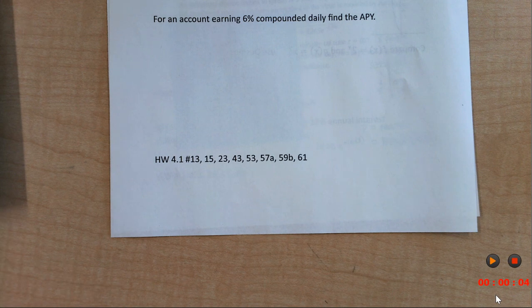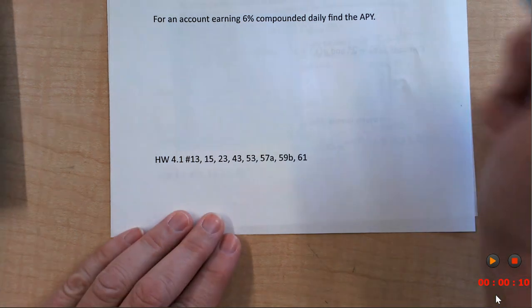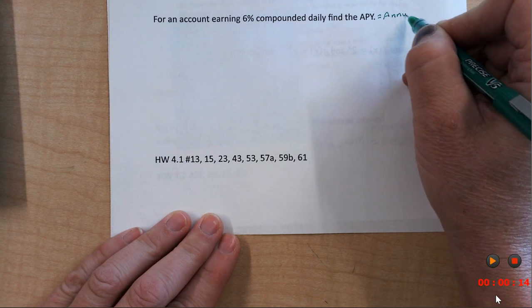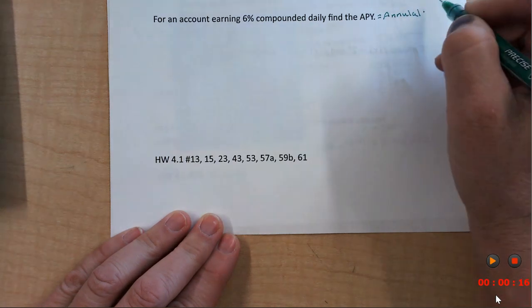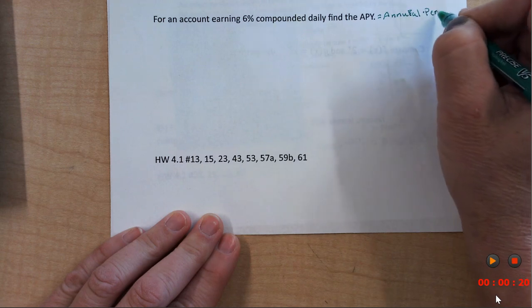So this is the very end of the section 4.1 notes, and the last thing that we didn't do was find the annual percent yield. APY stands for annual percent yield.